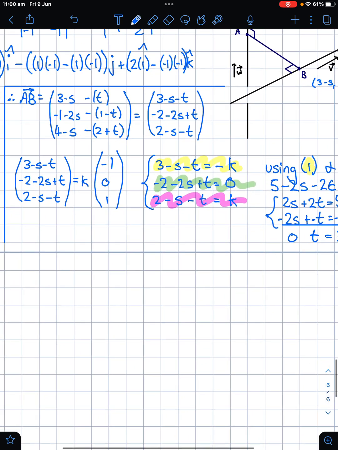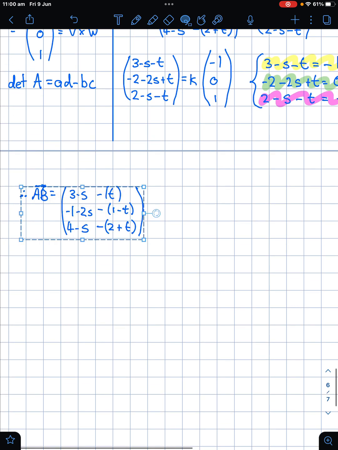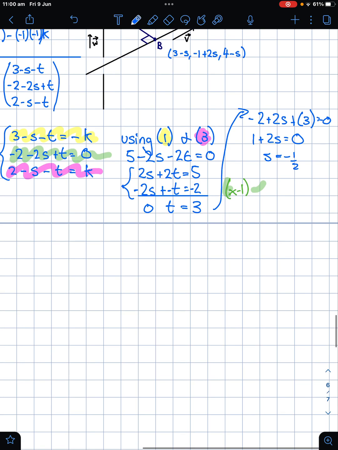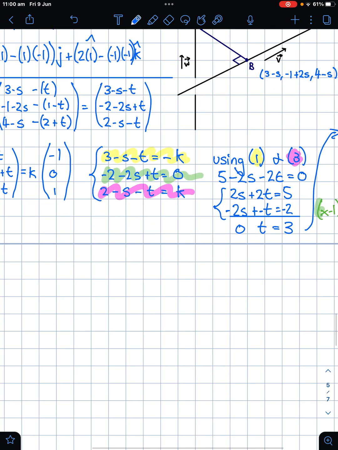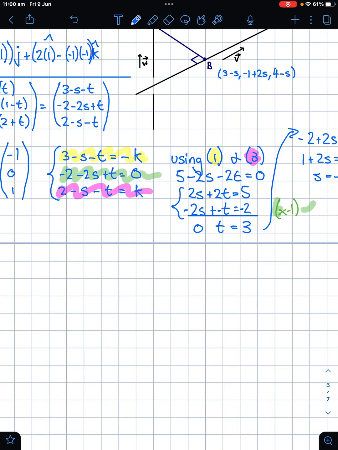So now we've got our AB, we've got two values here. With our AB, we're going to copy that down, paste it down here. And we figured out that S, I'm trying to figure out where I've got that value from.